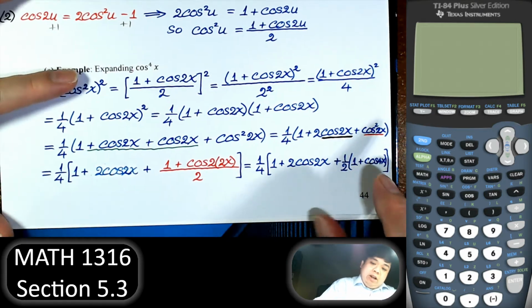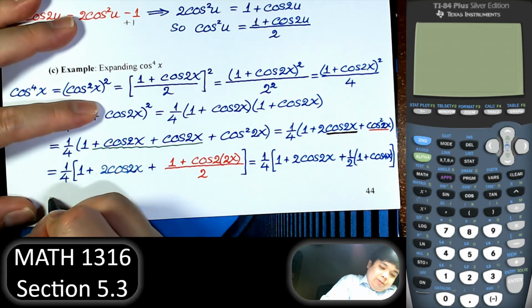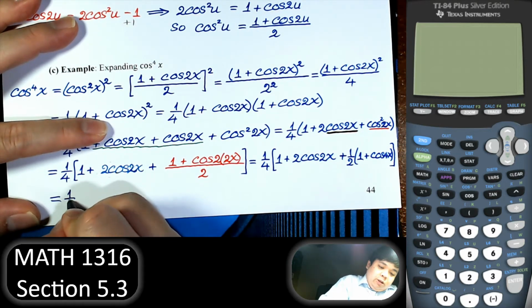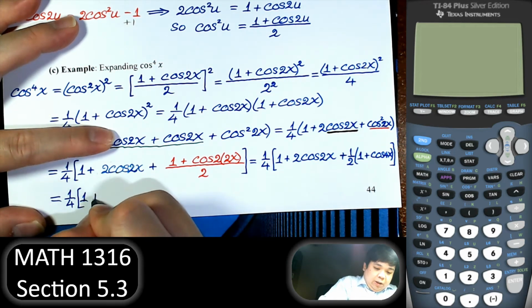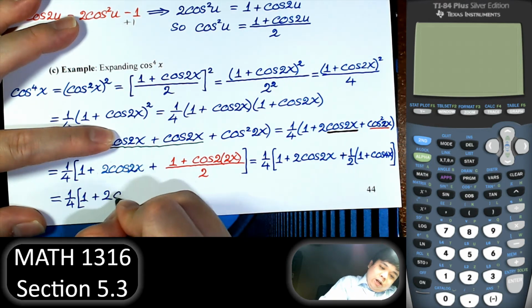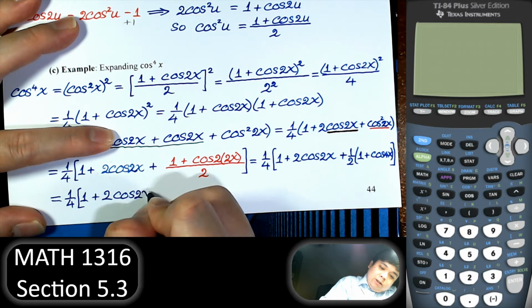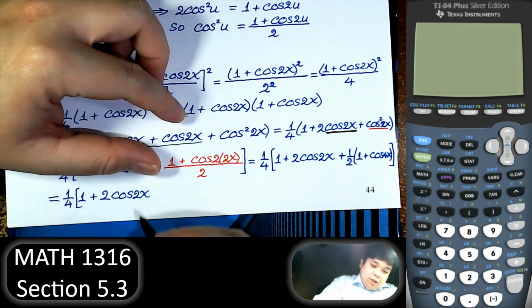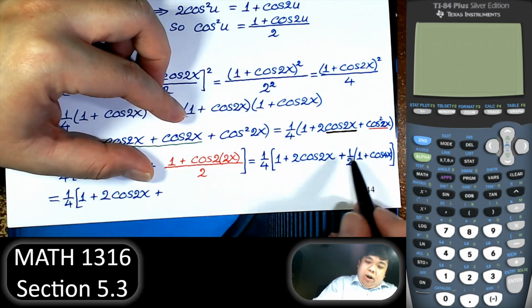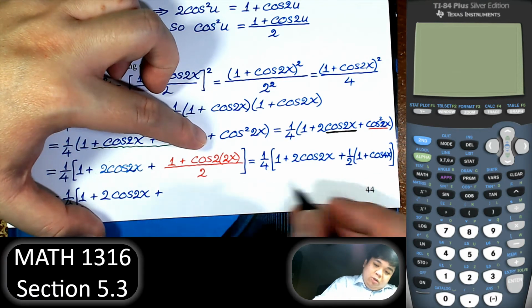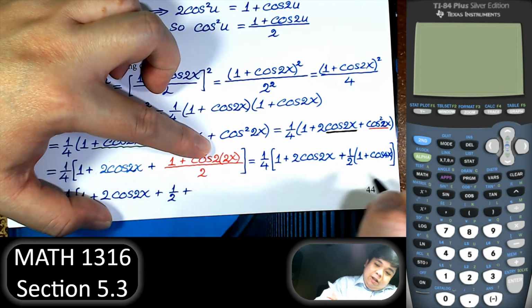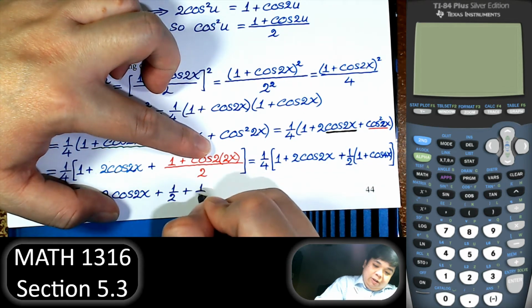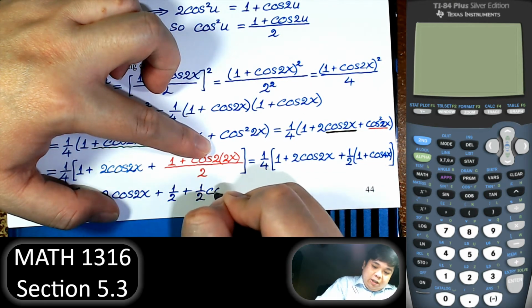Right, multiply everything out. 1/4, 1 plus 2 cosine of 2x, 1 and 1/2. I've just multiplied out 1/2 plus 1/2 cosine of 4x.